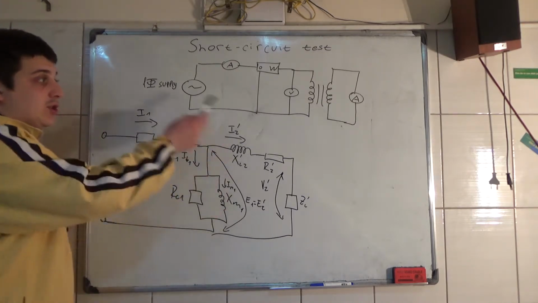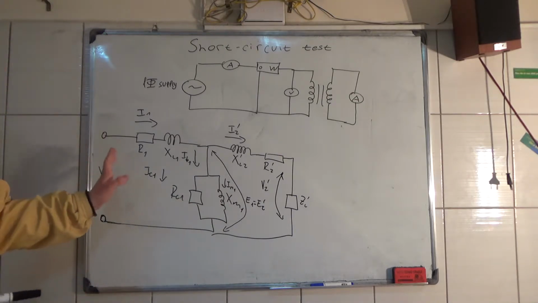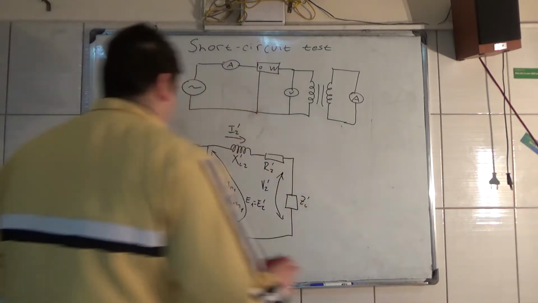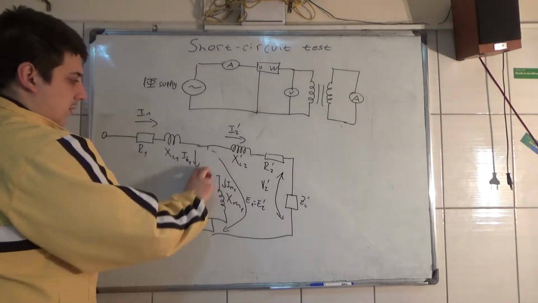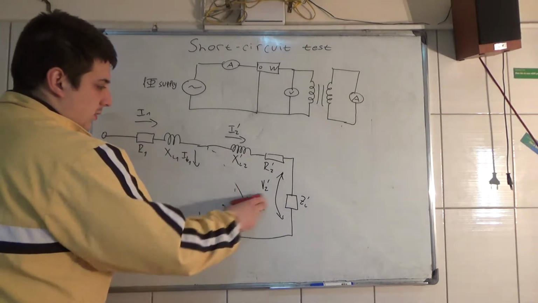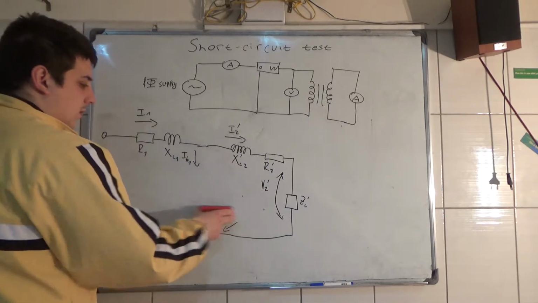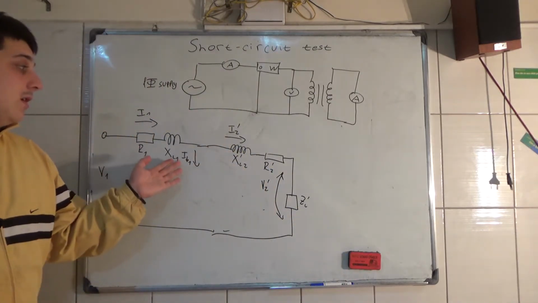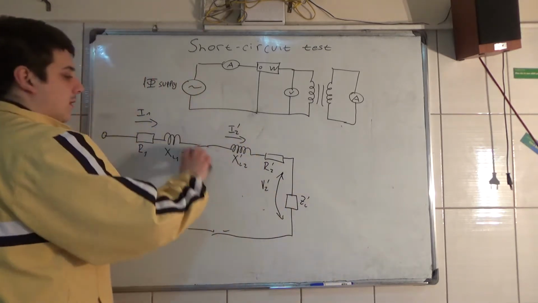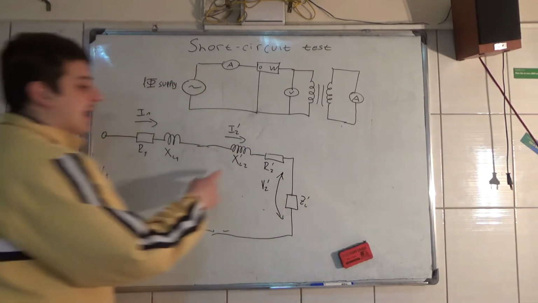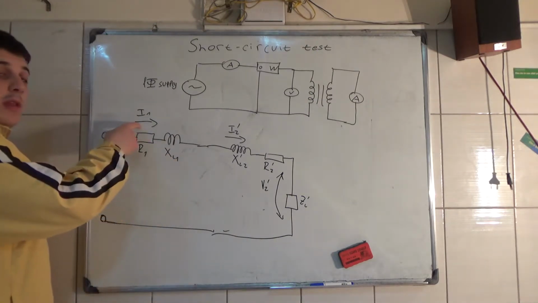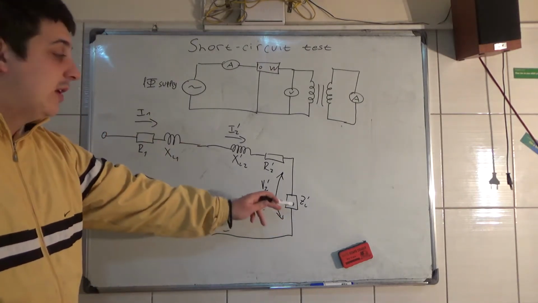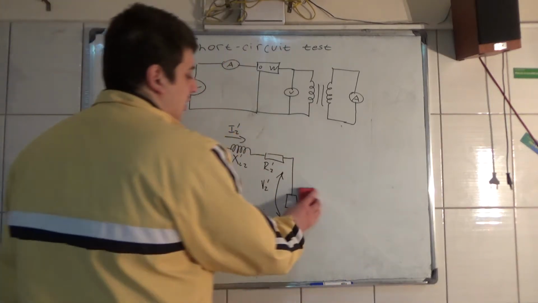So in this short circuit test, we remove this middle shunt branch, because the exciting current is neglected in relationship with the primary current, and in this test we don't have a load, so here the circuit is shorted.